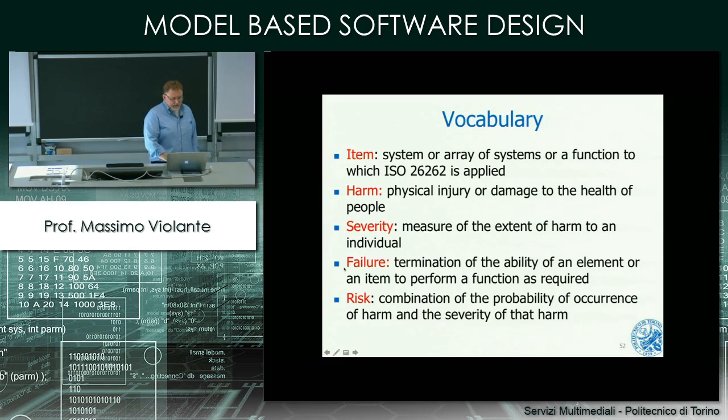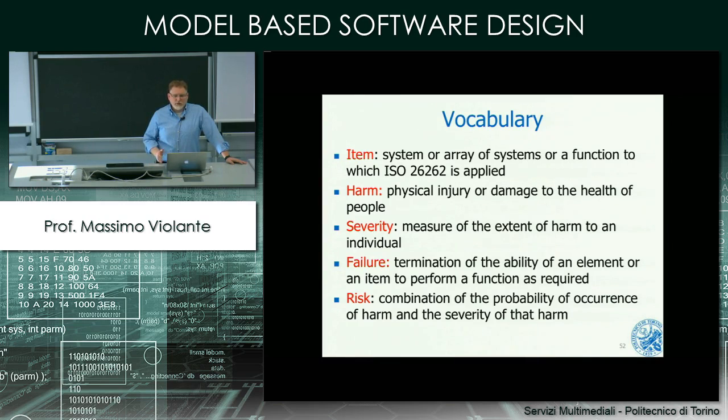Then, not all the failures are the same. This concept is defined through the risk. The risk is the combination of the probability of occurrence of the harm and the severity of that harm. If the risk is very high, well, the item is very critical.